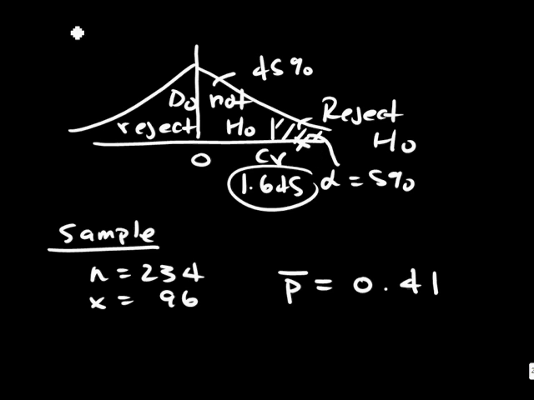Point being, our test statistic value lives past the critical value. It is in the rejection region. We will be rejecting the null hypothesis because of where the test statistic lives on our decision rule. We're going to reject the null.